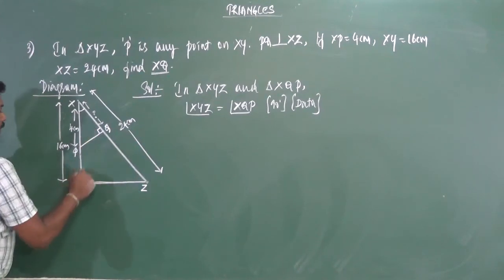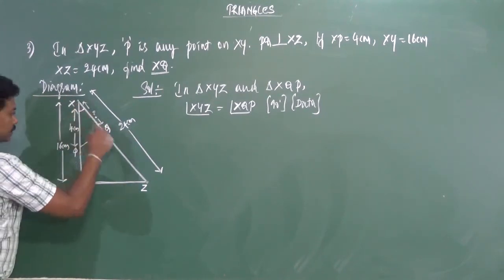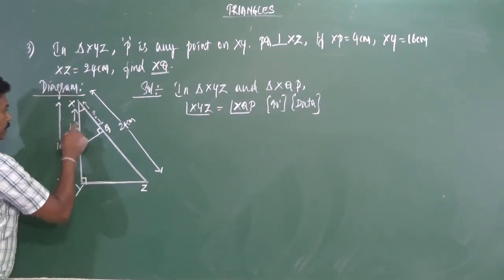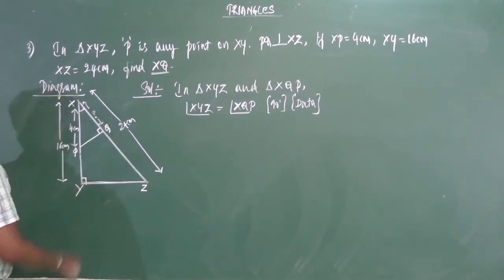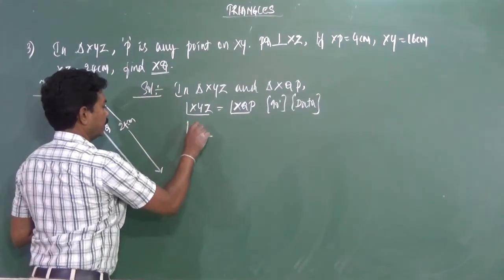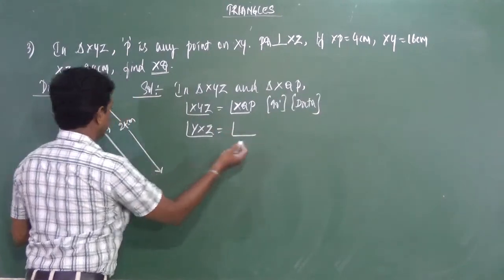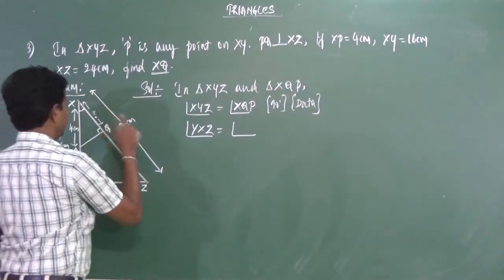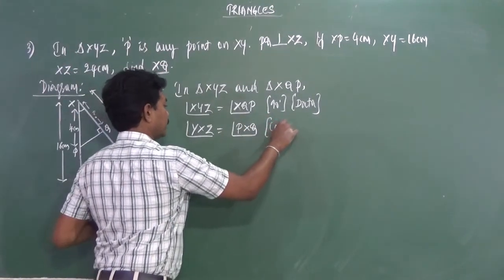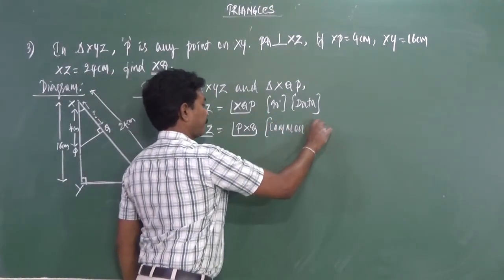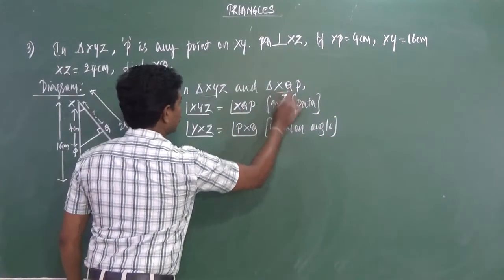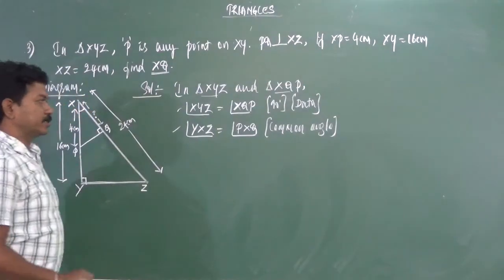So angle YXZ in the bigger triangle is equal to angle PXQ in the smaller triangle. It is a common angle. So in two triangles, two pairs of corresponding angles have become equal.